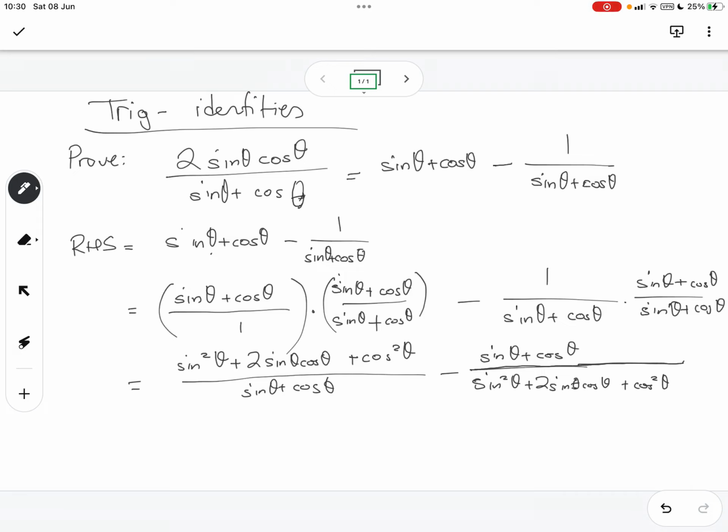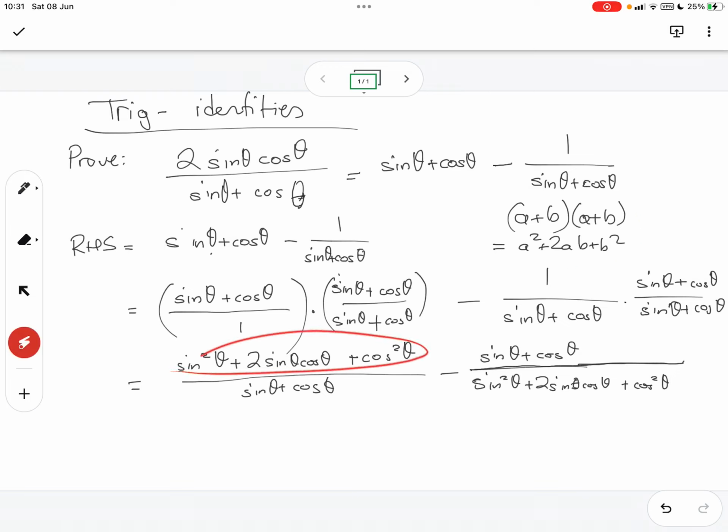You multiply the numerator. When you factorize or you multiply factors, if you have a plus b times a plus b, that equals a squared plus 2ab plus b squared.